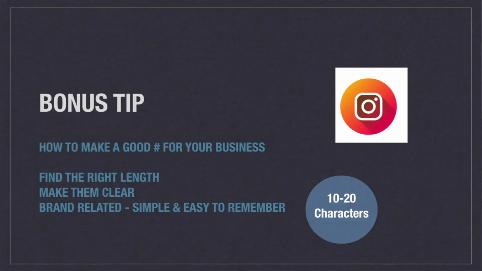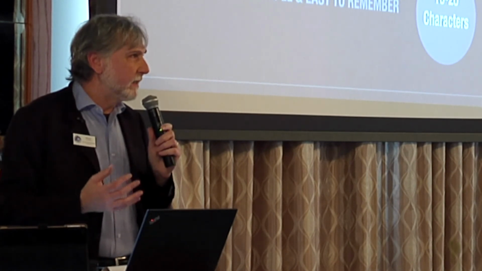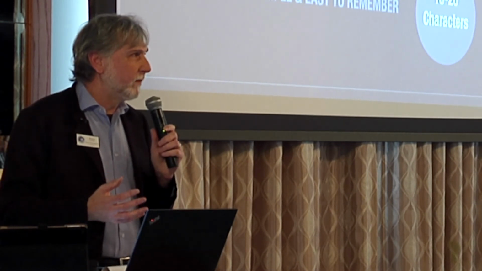If you type in something like Joe's Pizza is the franchise in Lake County, Illinois, no one's ever really going to search for that. So 10 to 20 characters is an ideal length. YouTube Strategist falls within that. bsvpTV doesn't, but it's also unique enough that it's working.